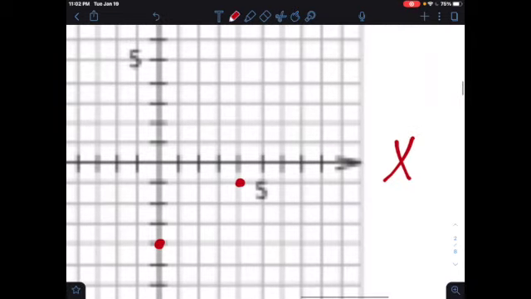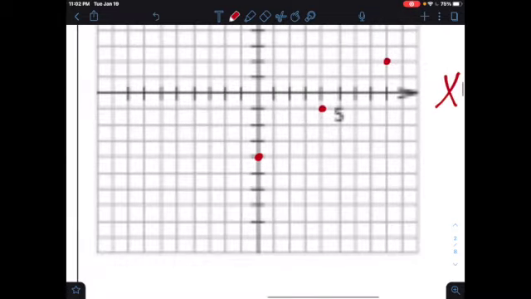And then I will do 1, 2, 3, 1, 2, 3, 4 right here. Then you can do the other way, but I'm just going to pick out the points, 1, 2, 3, and then just line it up for myself. And then there's my line.